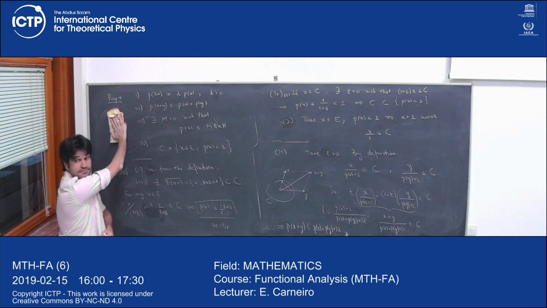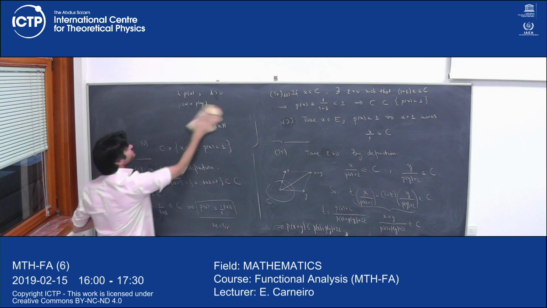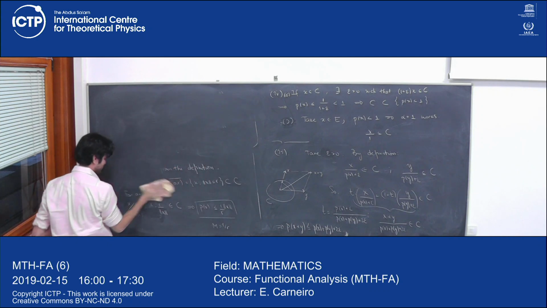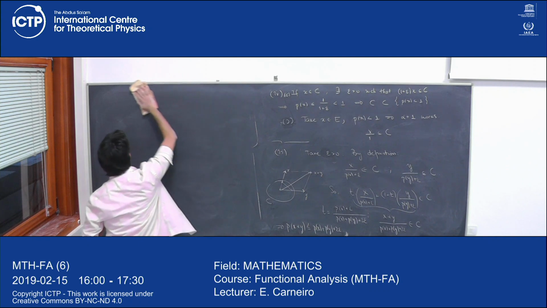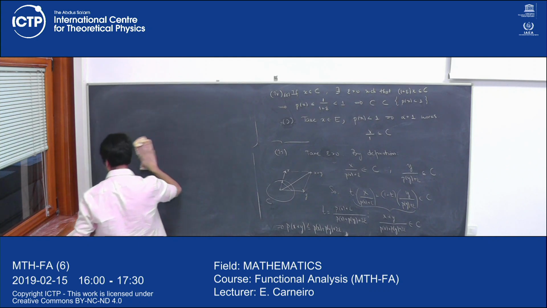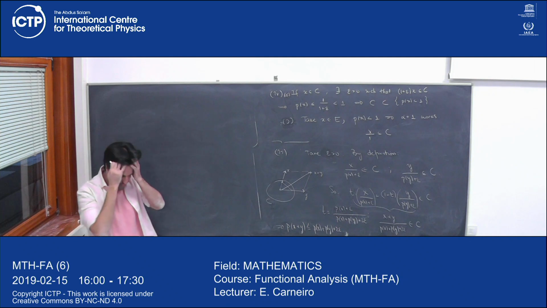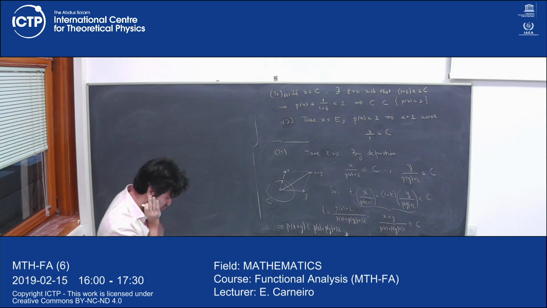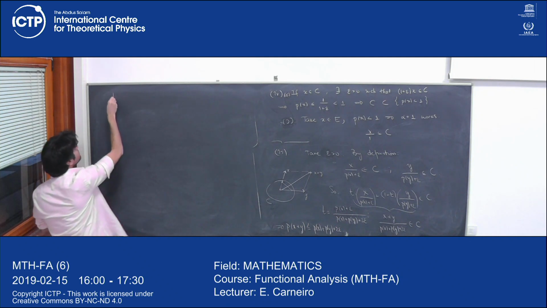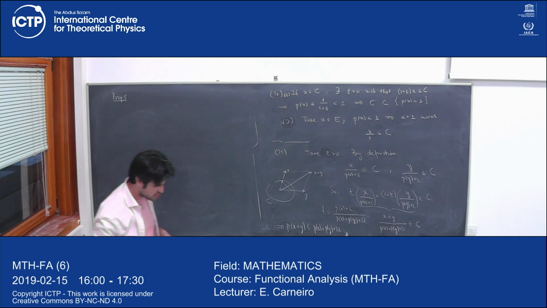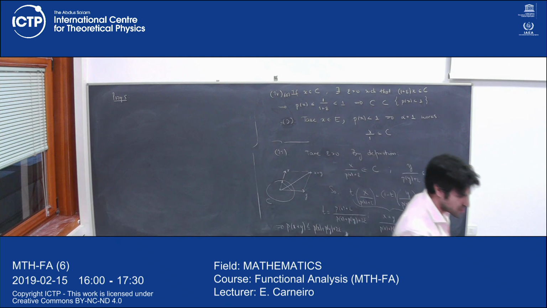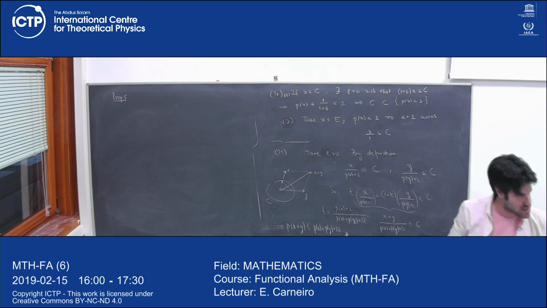Can I erase here? So the other proposition that I wanted to make, maybe proposition 5, is to prove the geometric version of the Hahn-Banach in a very particular way, where one of the sets is just 1 point.